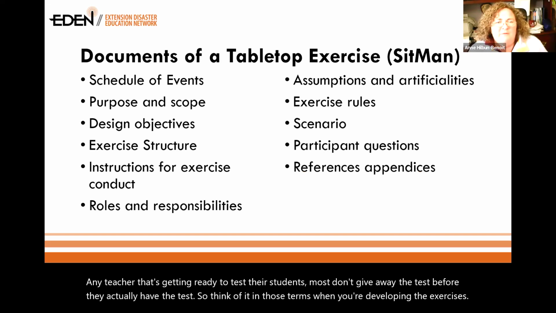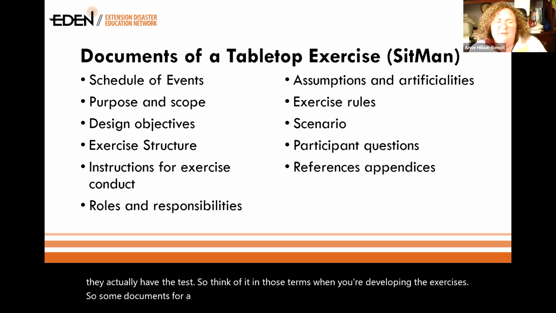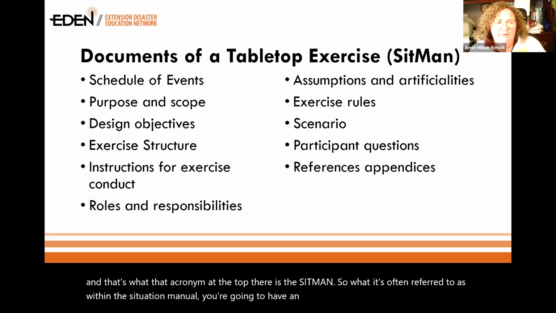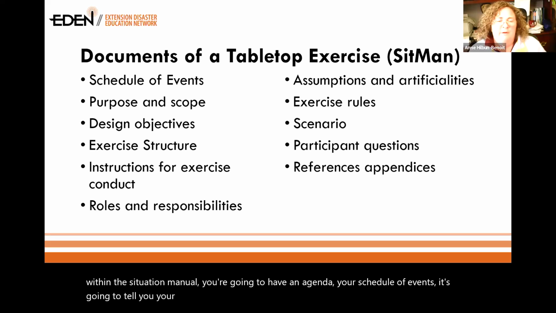So, some documents for a tabletop exercise. There's a whole lot in the situation manual, and that's what the acronym at the top there is, the SITMAN, what it's often referred to as. Within the situation manual, you're going to have an agenda, your schedule of events. It's going to tell you your purpose and your scope, what you're trying to test.